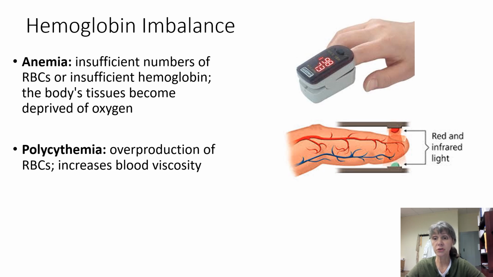Sometimes it's also referred to as O2 sat, or sometimes even a pulse ox reading. And because the hemoglobin absorbs light differently when it's oxygenated, that machine can detect the difference and determine how much oxygen is present based on how much light is able to pass through the tissue.